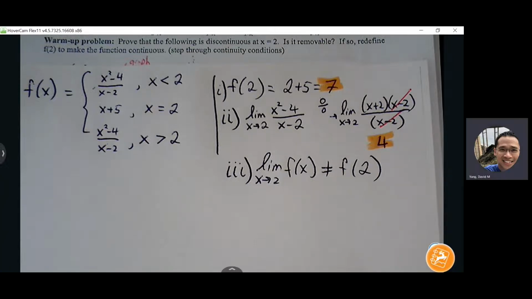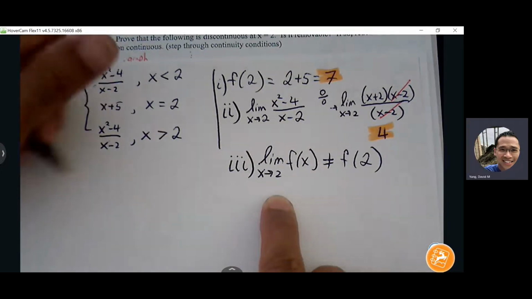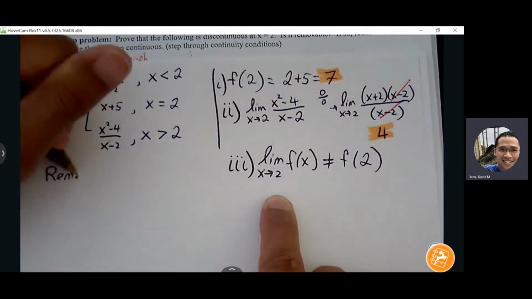Okay, what's our conclusion here? What type of discontinuity? Removable, right? There's a hole in the graph. The limit exists, the point just doesn't line up with the hole. So this is a removable discontinuity.